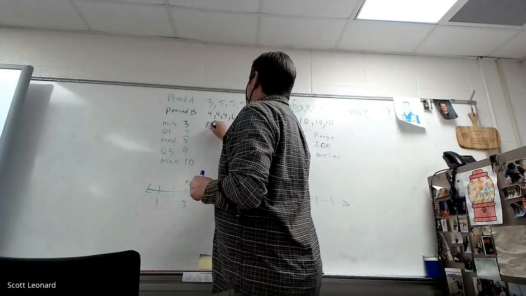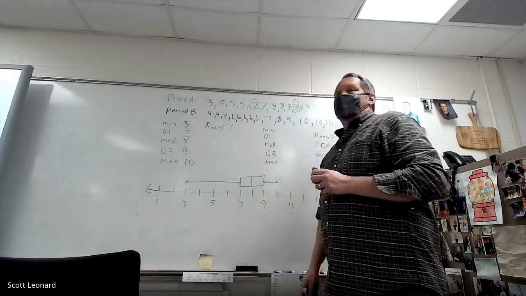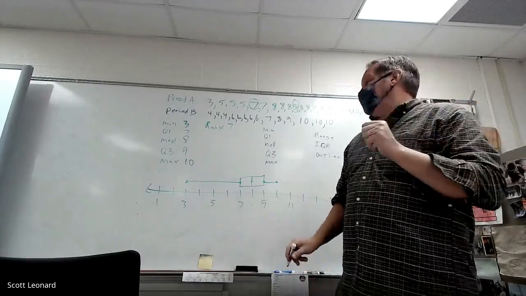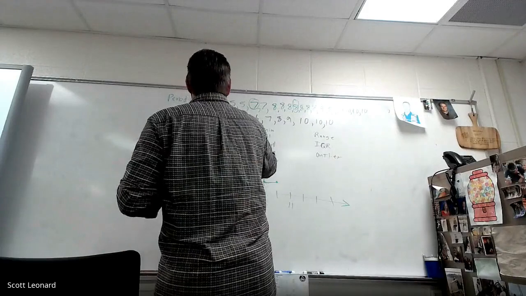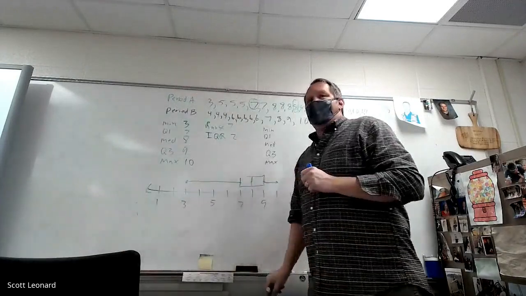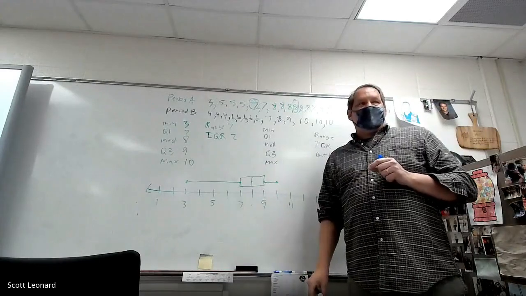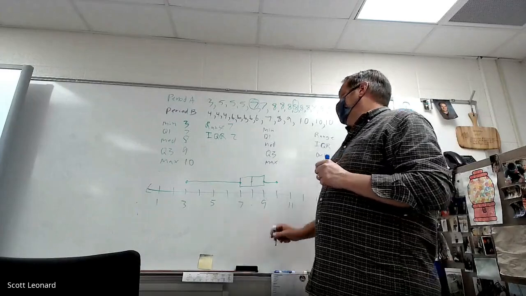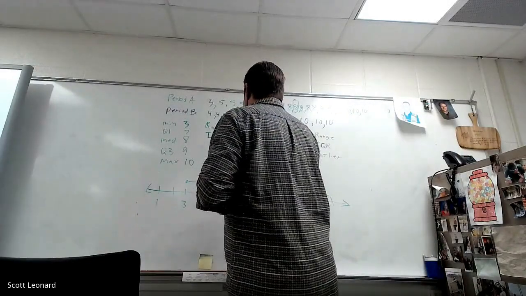All right. Range is 7. That's a big number. But what's the IQR? 2. That's a problem. IQR is 2. So if we go to do the outlier, if we take 2 times 1.5, what are we going to get? 3. 2 times 1.5 is equal to 3.